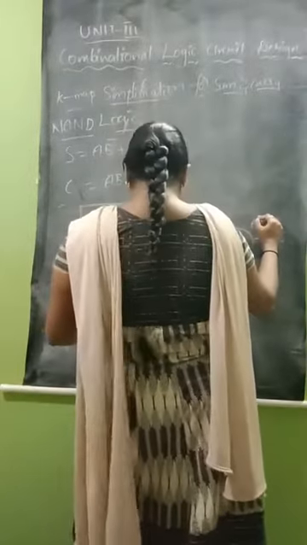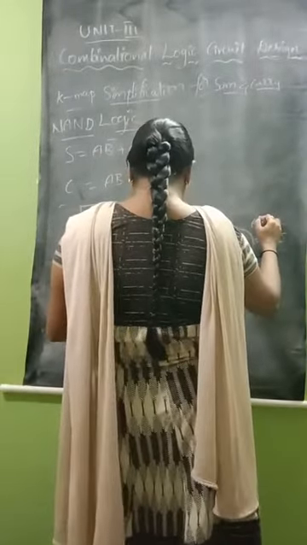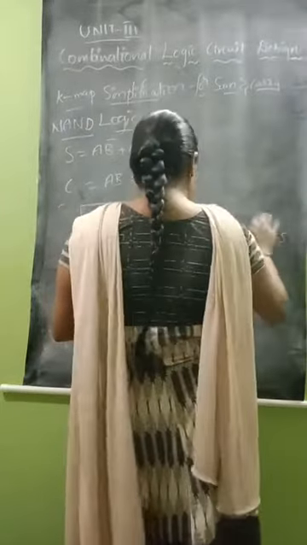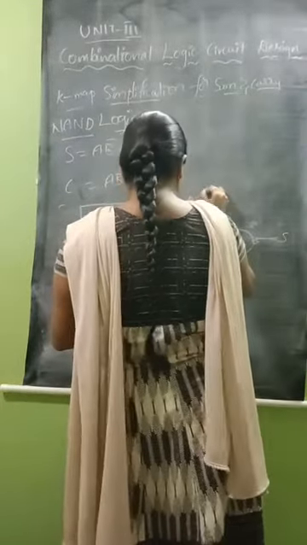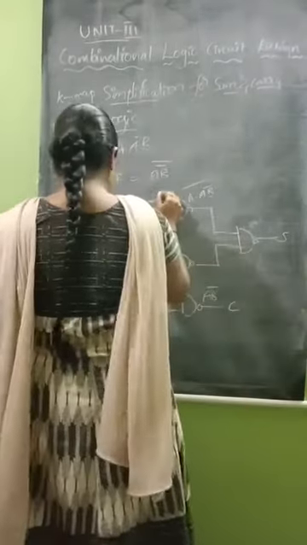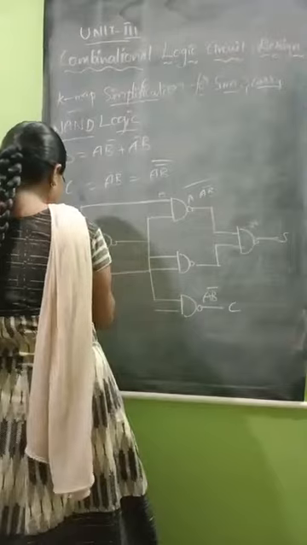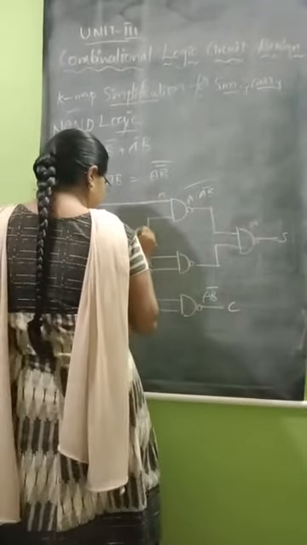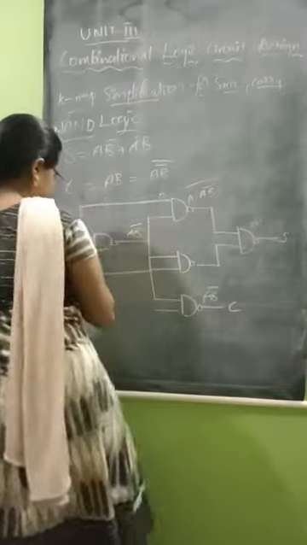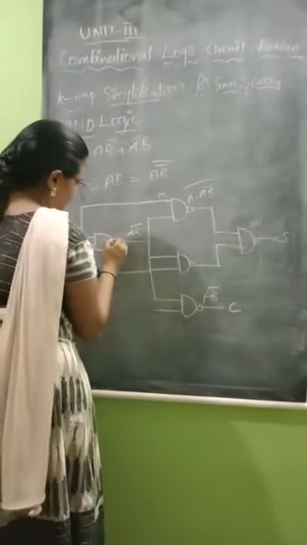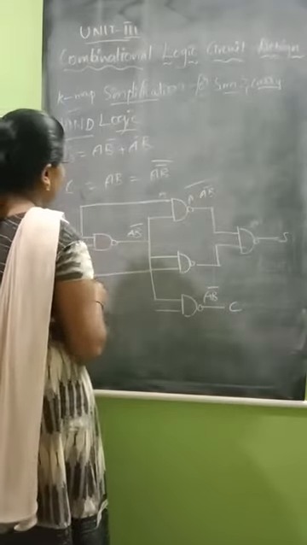Sum means here A into A B bar whole bar, and here this is A B bar. The inputs are A and B. The two inputs are applied to the sum.